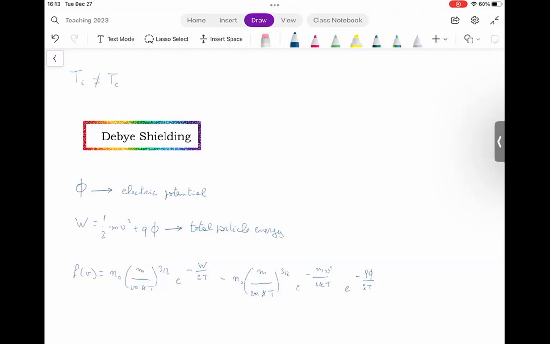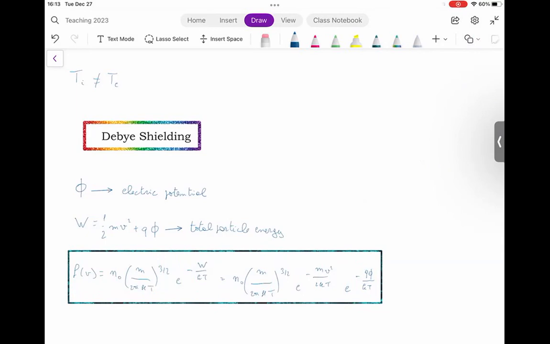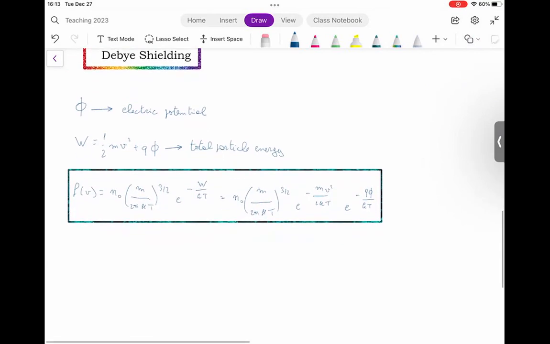But for the purpose of the current discussion, we can take this expression as correct. It is correct within certain limits, but it is sufficient for what we're trying to accomplish. Then I'm going to assume that ions do not move.